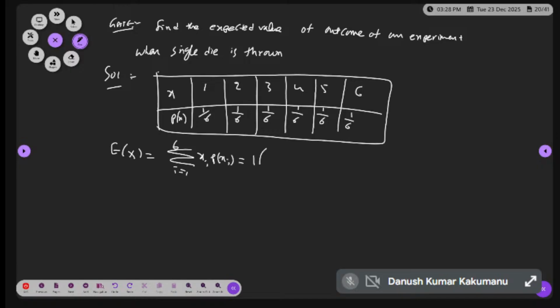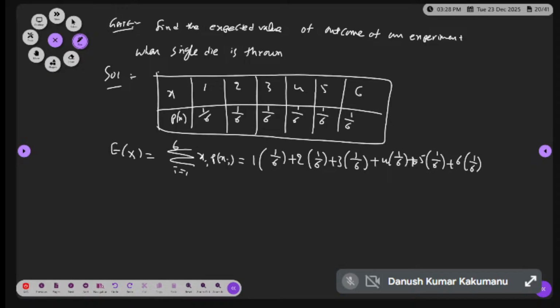Substitute here: 1 into 1 by 6 plus 2 into 1 by 6 plus 3 into 1 by 6 plus 4 into 1 by 6 plus 5 into 1 by 6 plus 6 into 1 by 6. You are understanding? We applied the E of x formula. What is common in all of them? The LCM is the same.